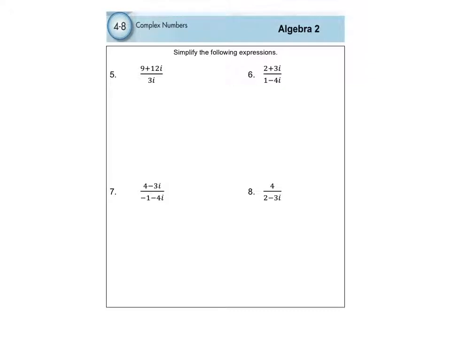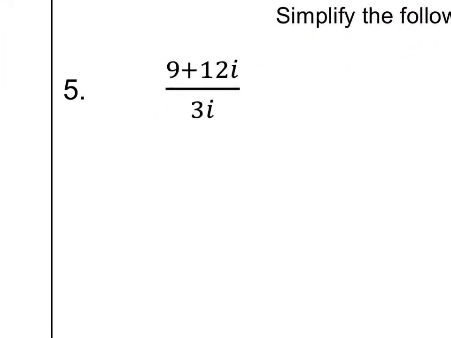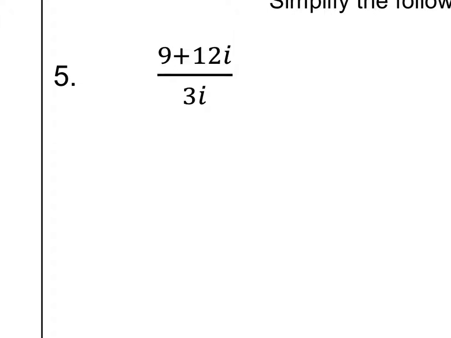Okay, so let's look at the example here. One of the things that we find as we go through these problems is that if I have a single term in the denominator, notice there's no plus or minus sign down here. If there's no plus or minus sign, I don't need to take the conjugate.